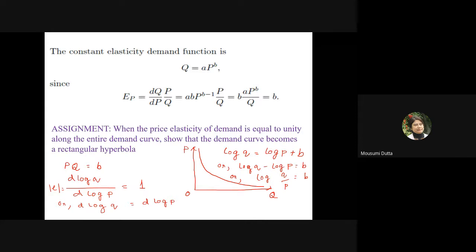Other steps okay? Then we consider when Q by P is equal to e to the power B. So are we getting the equation of the rectangular hyperbola?